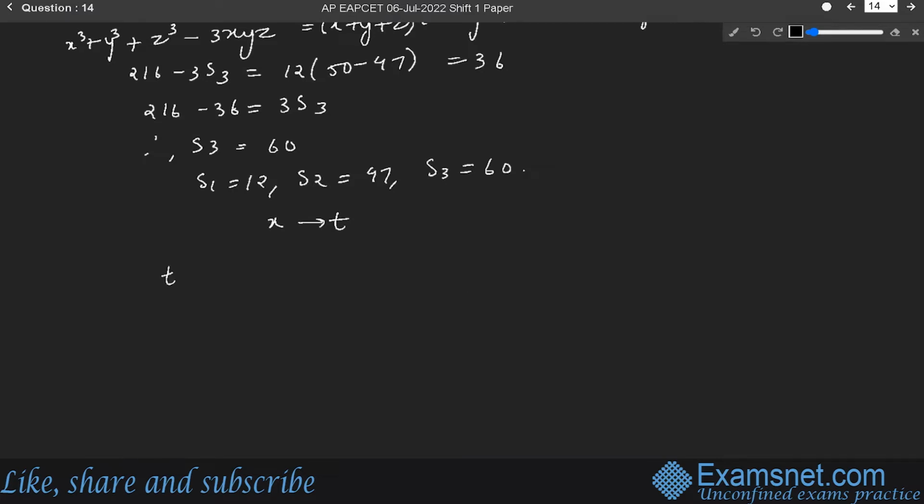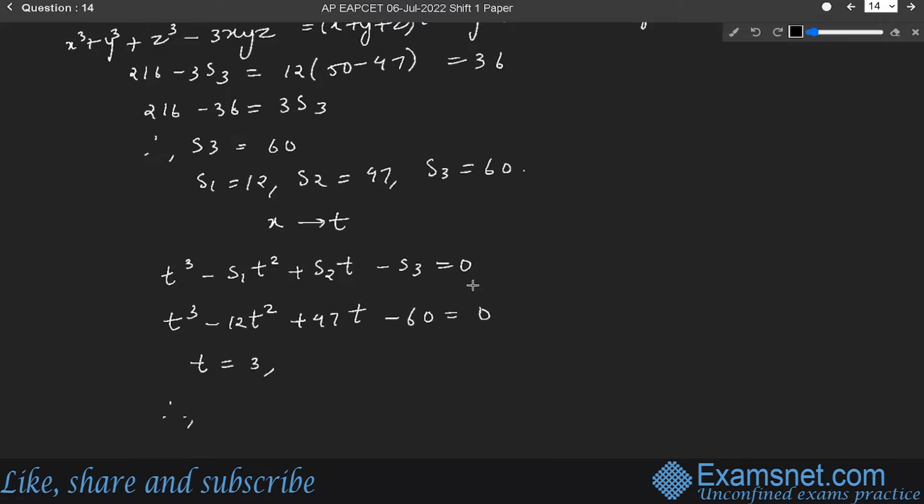In T it will be T cube minus S1T square plus S2T minus S3 is equal to 0, or it can be T cube minus 12T square plus 47T minus 60 is equal to 0. We have substituted the values here. Now, by trying a value, T is equal to 3 will satisfy this equation.